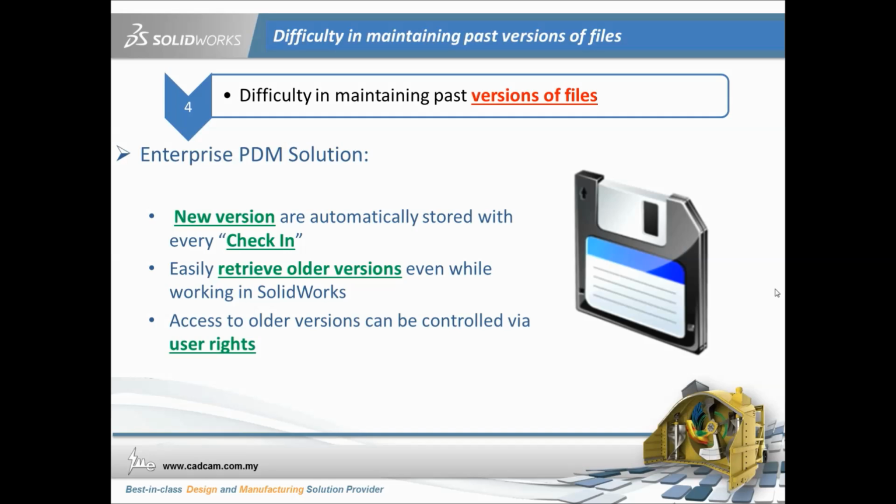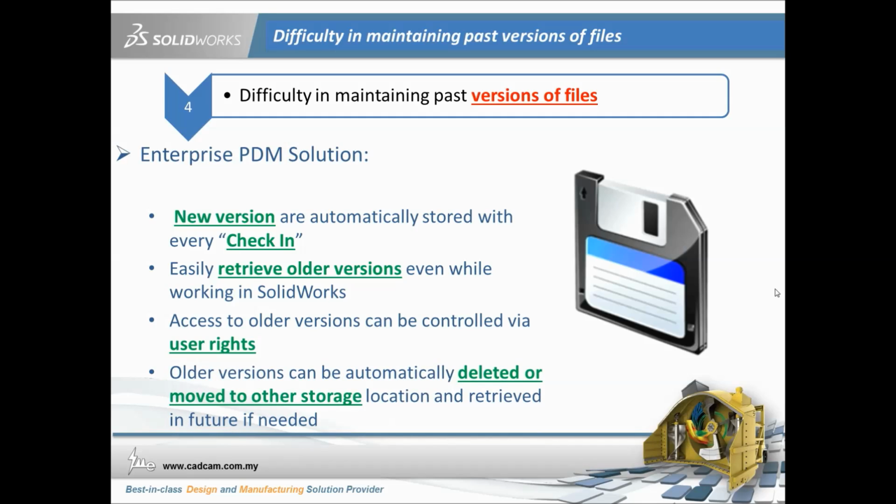You can access older versions controlled by user rights, which means whether you have the permission to see the previous versions. Older versions can also be automatically deleted or moved to another storage location for archive purposes, so that you can manage the files across several locations.